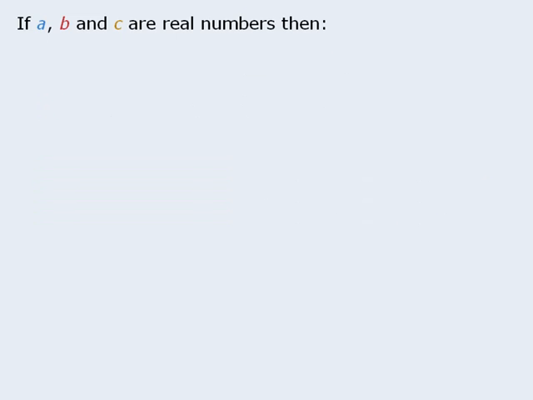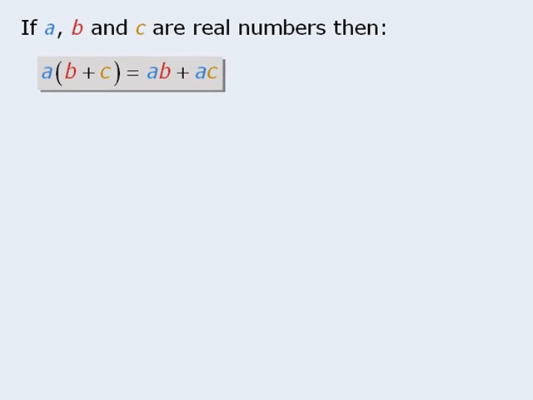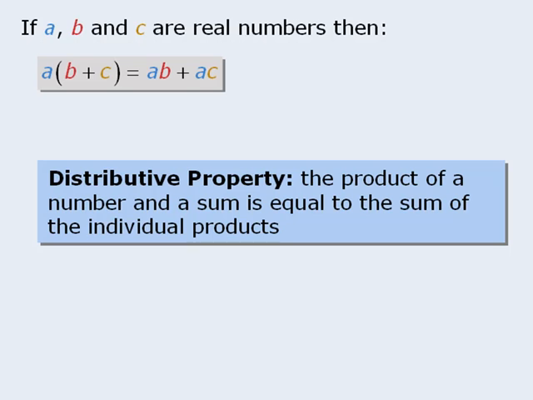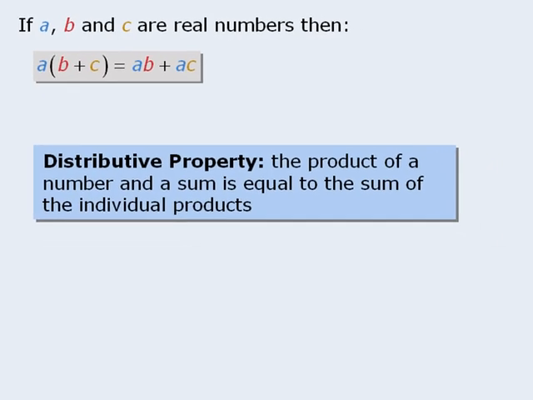Now, the next property is called the distributive property, which is illustrated by this example. This property says that the product of a number and a sum is equal to the sum of the individual products. In other words, a times the sum of b and c is equal to the product a times b plus the product a times c.